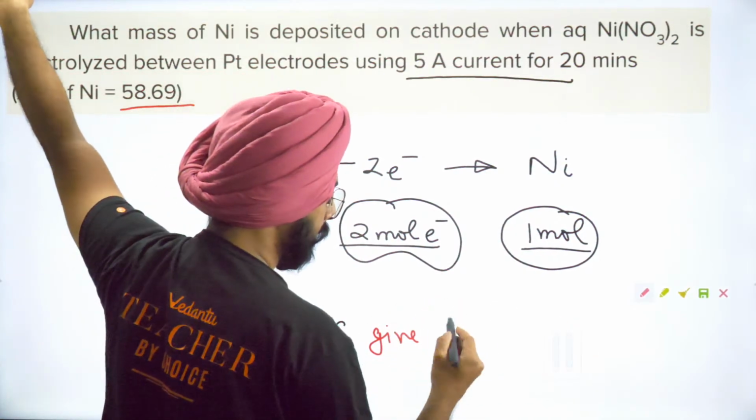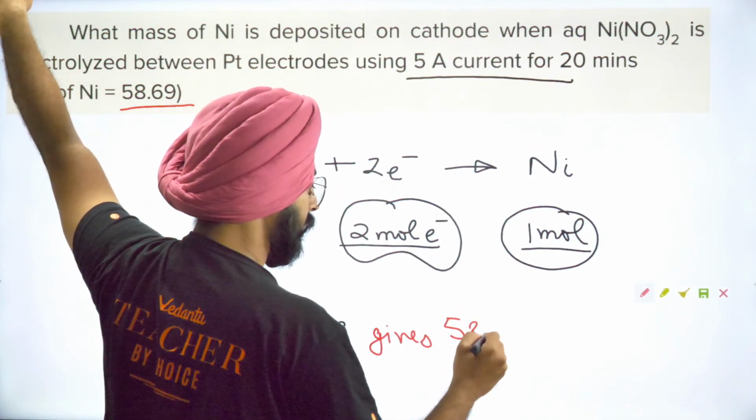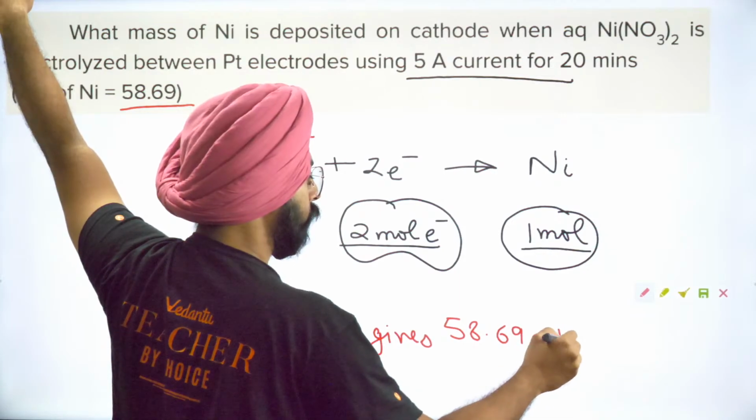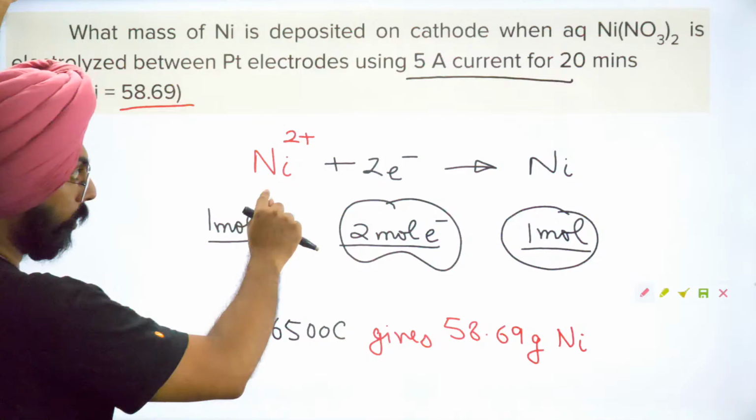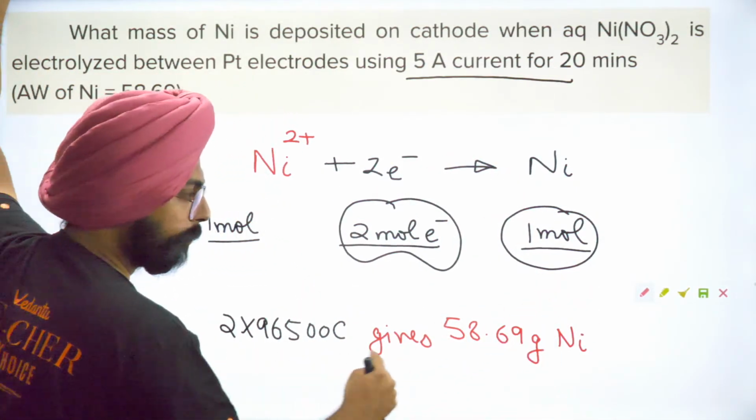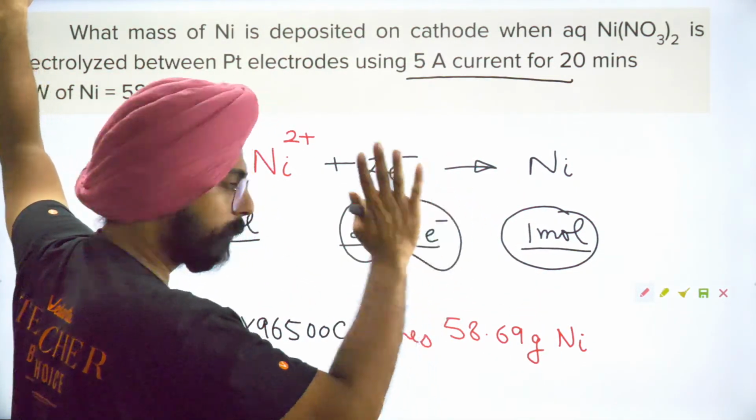So I will write this gives 58.69 grams of nickel. From this understanding we have come to this statement. We are going to use this statement in some time.